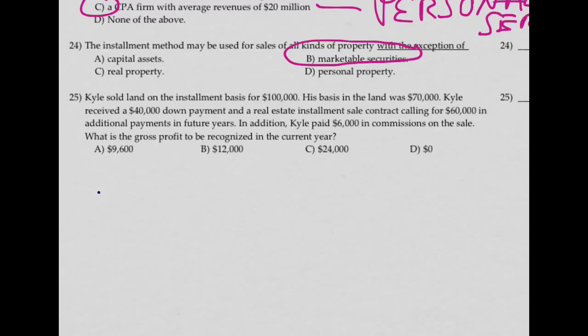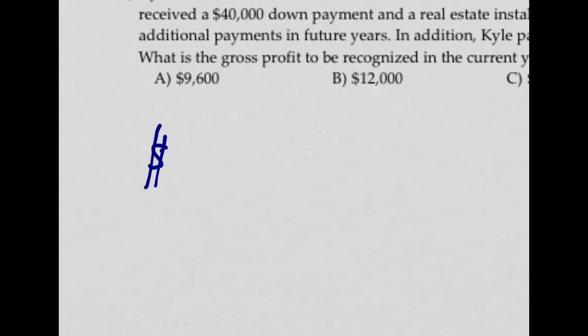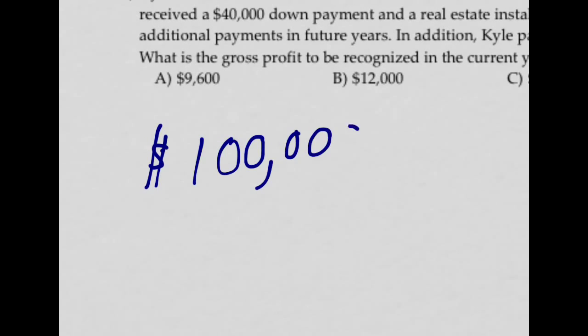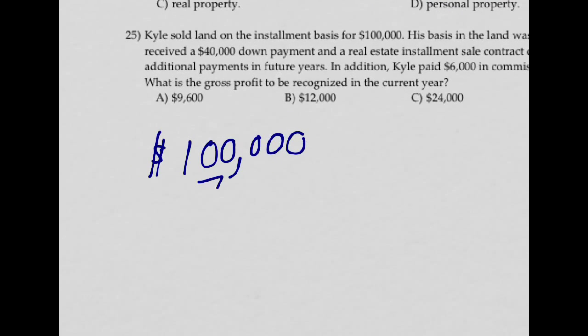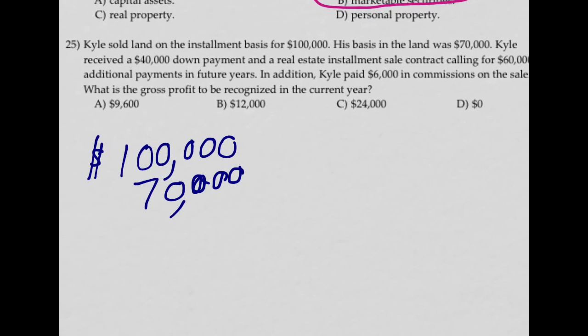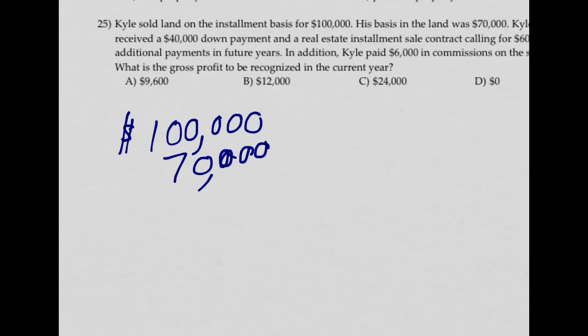We have a sale for $100,000. The basis is 70, and this goes back to typical acquisition and gain and loss computations. There's a commission. Don't forget the commission. That's $6,000.